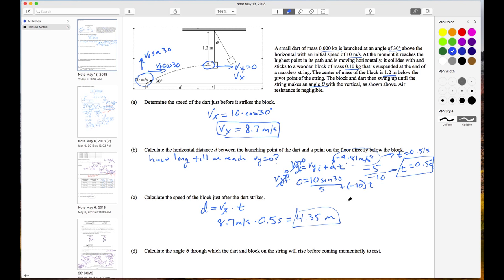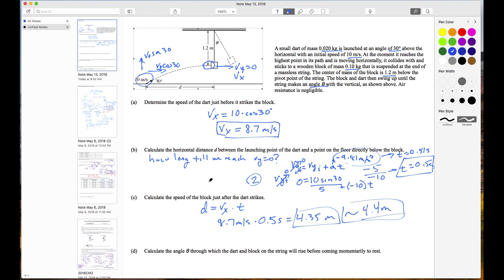Or, if we round to two significant digits, it would be 4.4 meters. So this part here, B, is 2 points, and that is this value here.